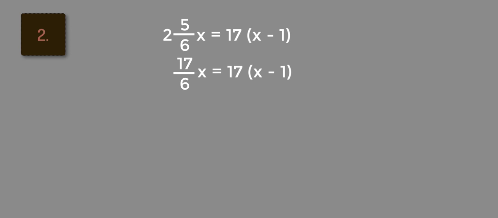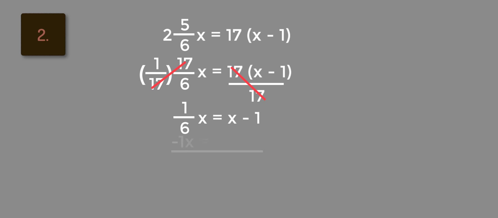But I'm not going to do that in this instance, because we have a numerator on the left-hand side of 17. So if we divide both sides by 17, or equivalently multiply by 1/17, on this left-hand side the 17s are going to cancel, and we're left with 1/6 x equals x minus 1.